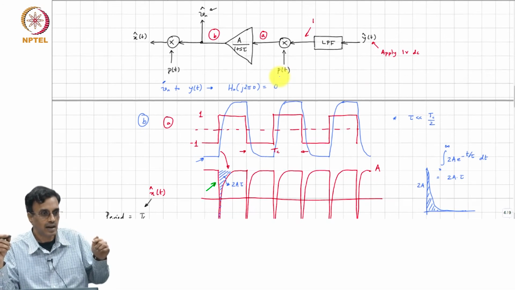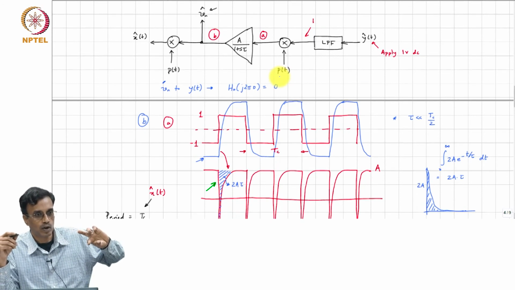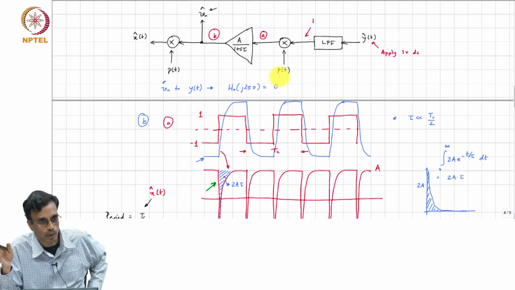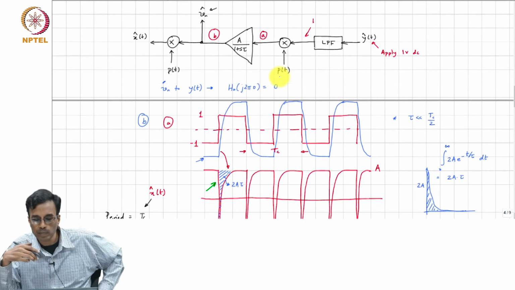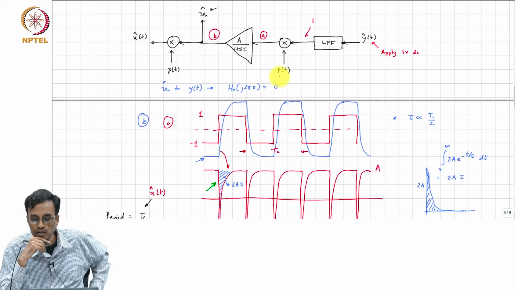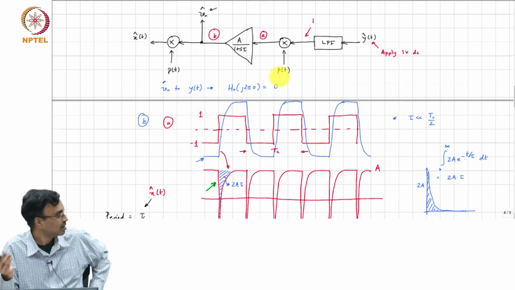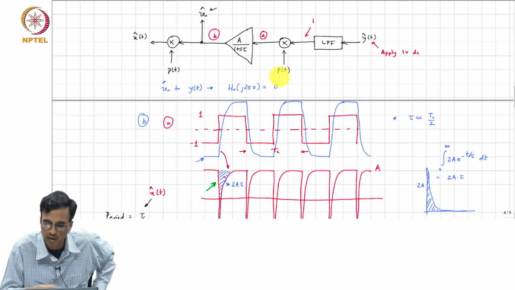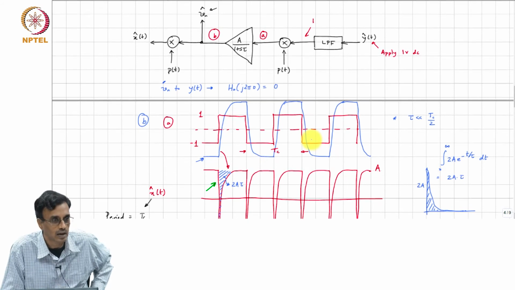If you apply DC there, it is going to get chopped to plus and minus p of t, and that is going to be completely eliminated by the low pass filter. Okay. And of course, there are higher order harmonics. What is the fundamental frequency of this waveform at B?